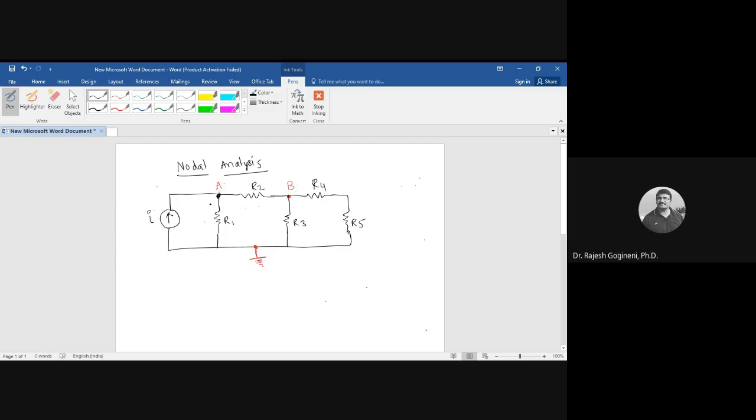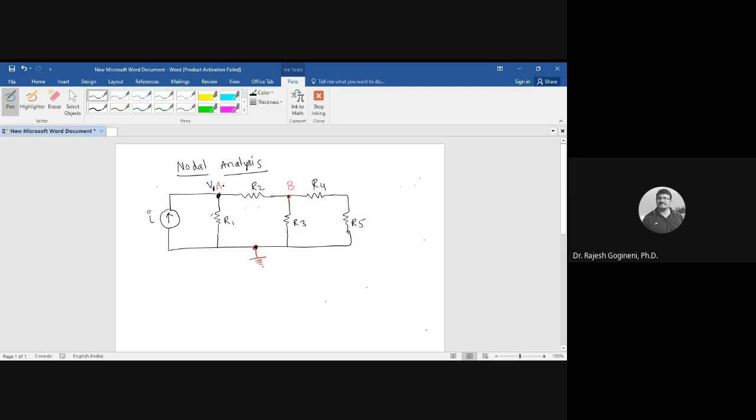Assume some current is flowing in this direction, that is I, since we are applying nodal analysis. So assume the voltage at this node 1 is V1. Since it is node 1, or VA, we will assume VA with reference to the ground.